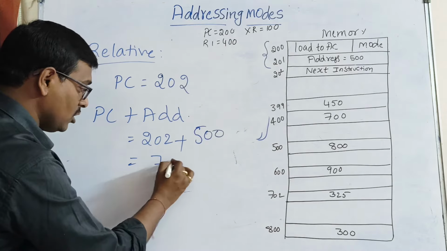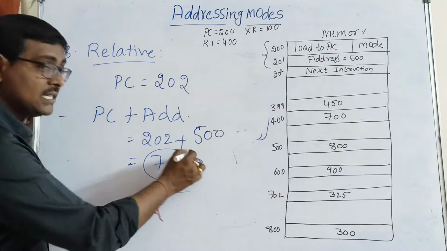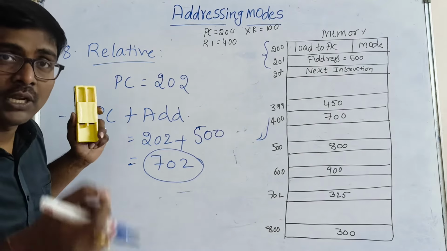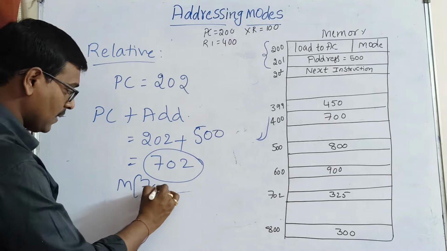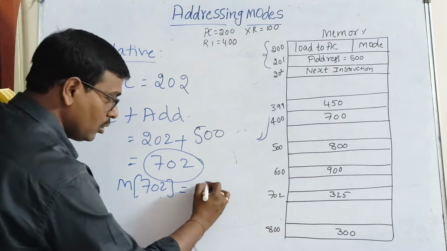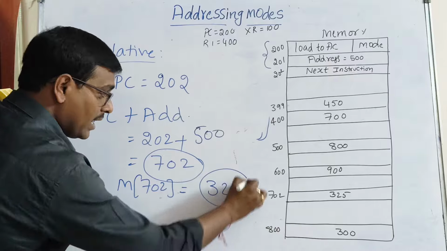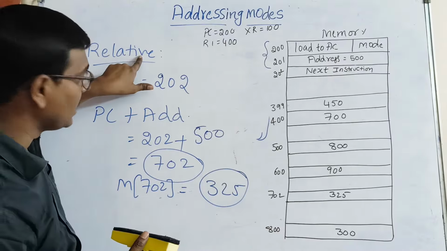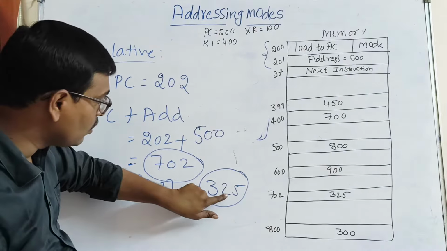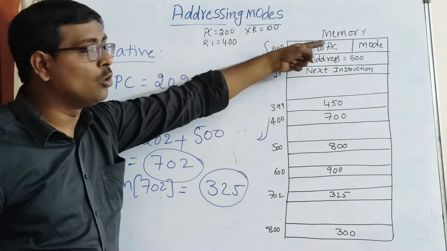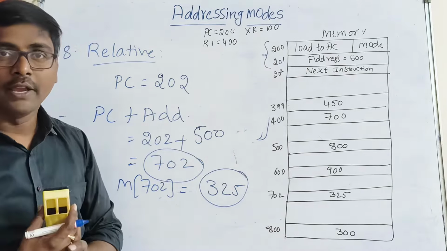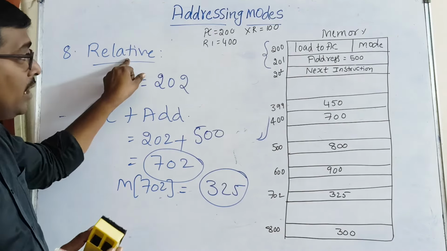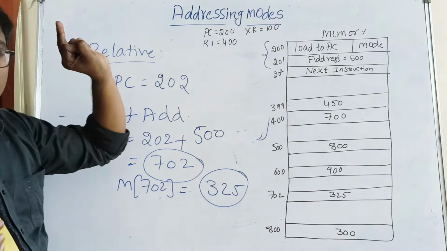So 702. At this 702 location, my operand is available. So M of 702 is equal to 325. That means if you are using relative addressing mode, the value 325 is stored into the accumulator. Clear? Relative to the program counter.